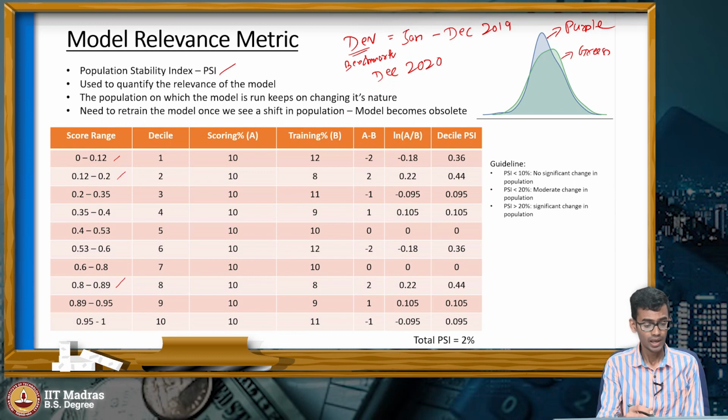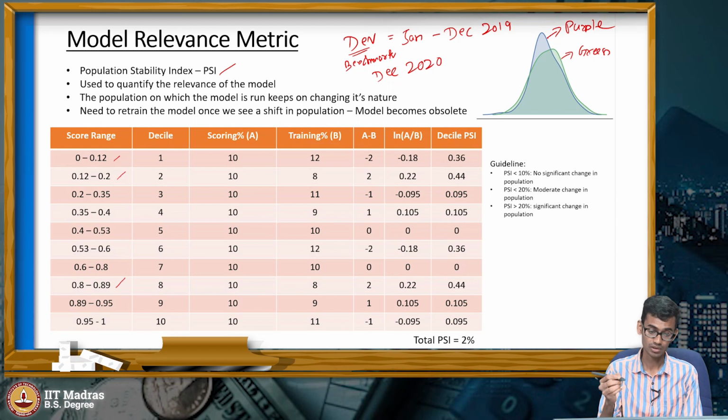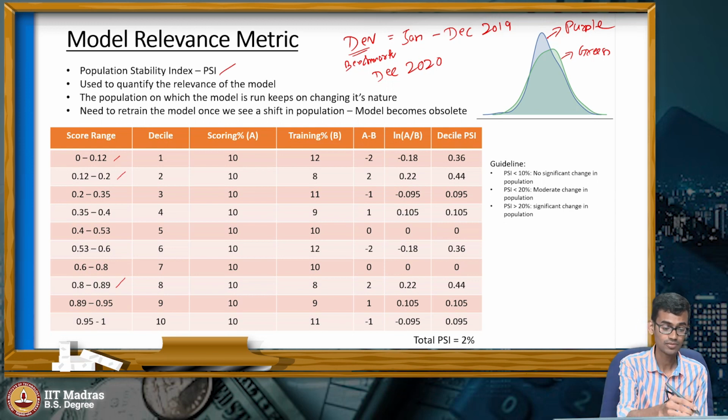You also find out the percentage of data that is falling under each of these deciles, for the development data and for the vintage.